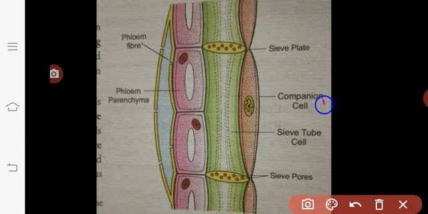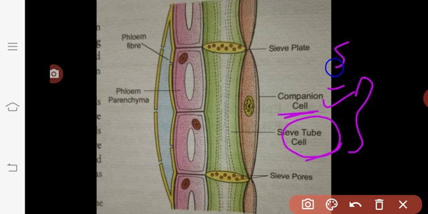Companion cells are connected to sieve tube cells through the plasmodesmata. The cells have dense cytoplasm and a prominent nucleus. So they maintain the proper pressure gradient in the sieve tube cells for conduction of food. Now, companion cells and sieve tube cells are sister cells.